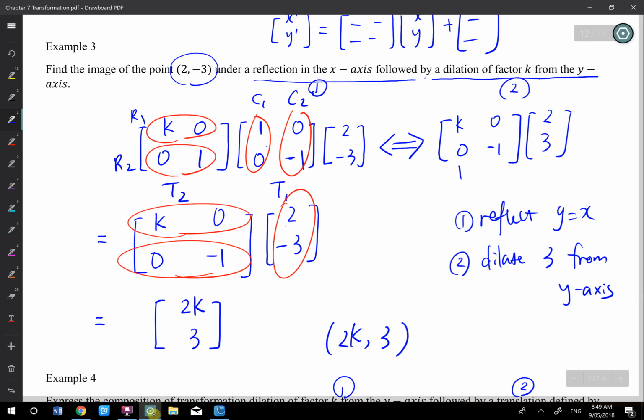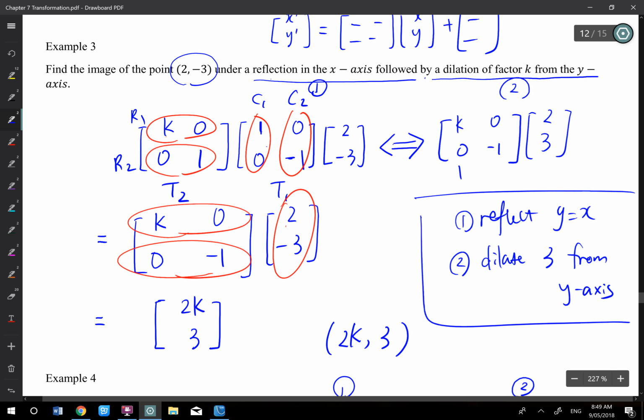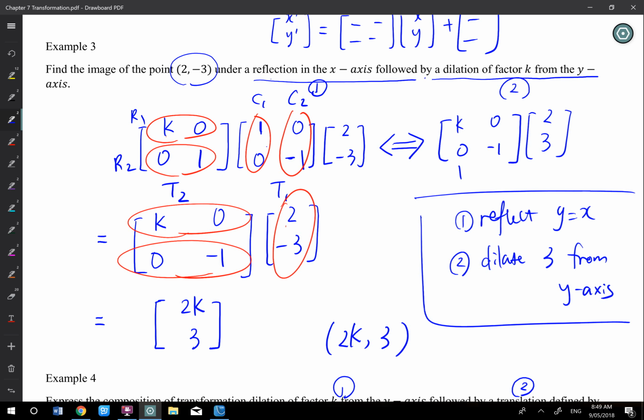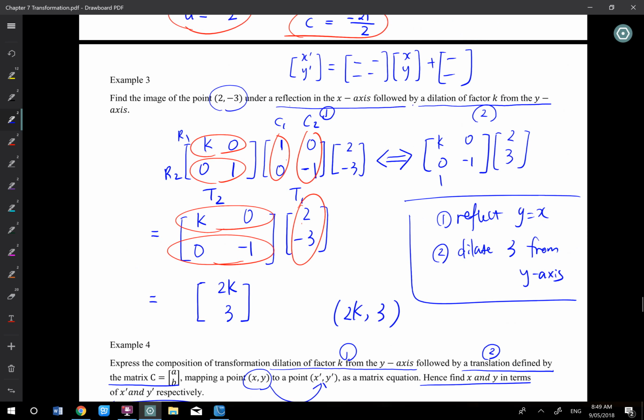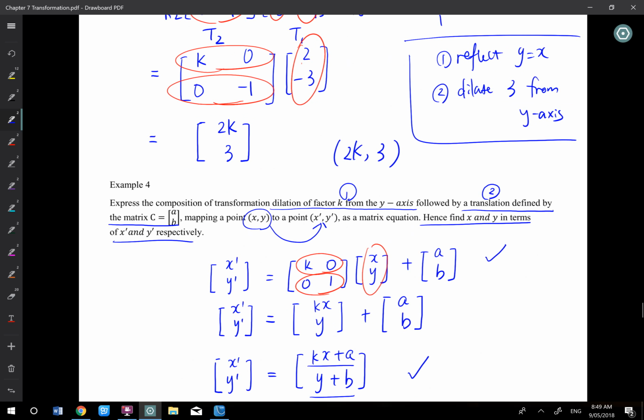When you talk about reflections and then dilations, or reflections combined with reflect in another line, for example, reflecting in the y-axis again, so when you combine the reflect in the line y equals x, then the order is very, very important. You will definitely get different answers. So that's what I talk about.